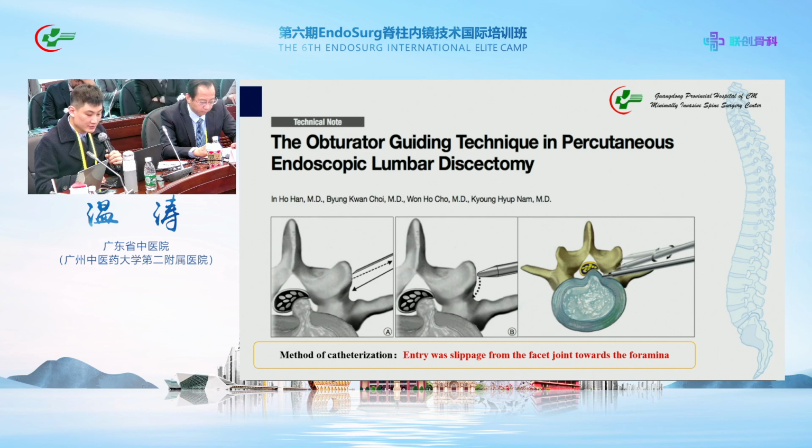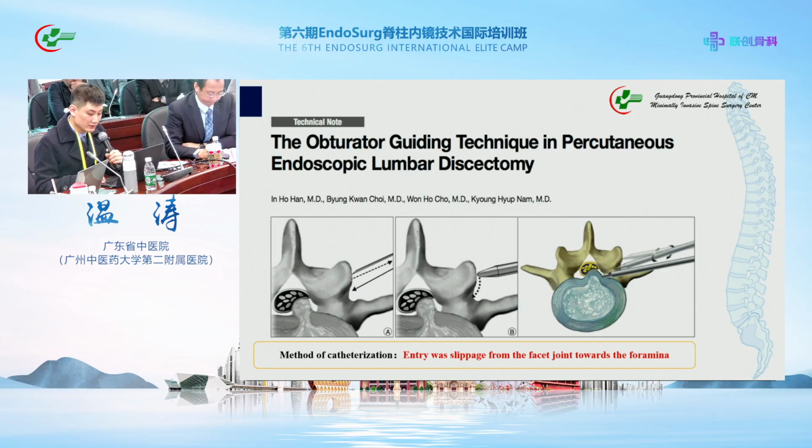We also use this technique, but it is challenging to locate the bony structure in some obese patients. And for patients with osteoporosis, there is an increased risk of damaging the articular process during the exploration.